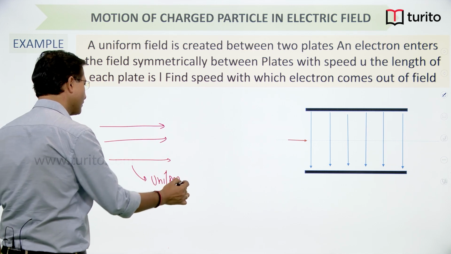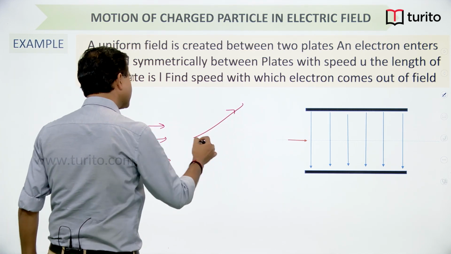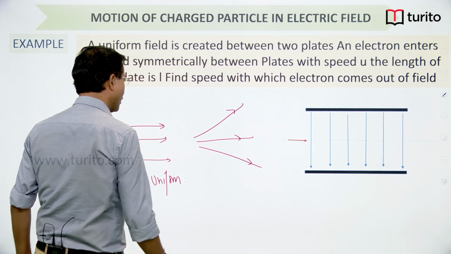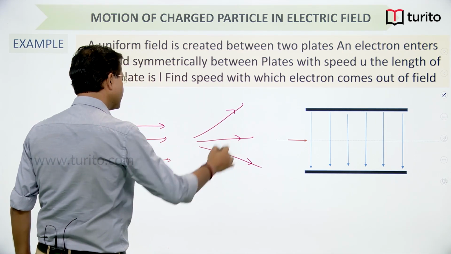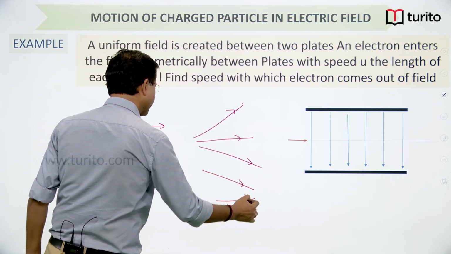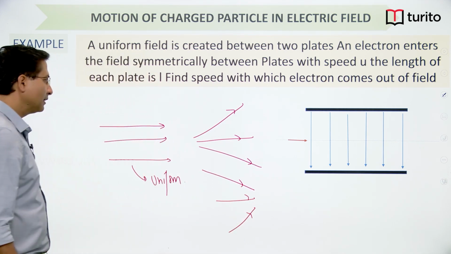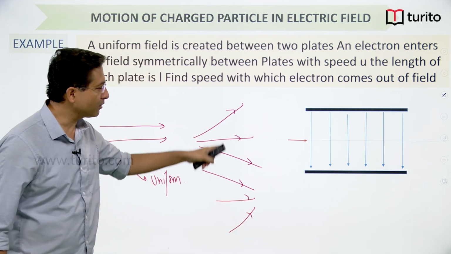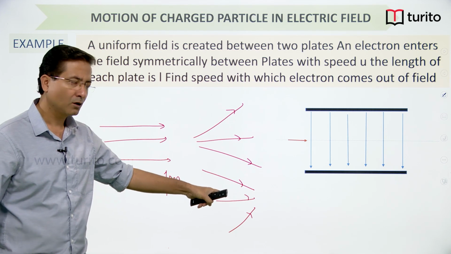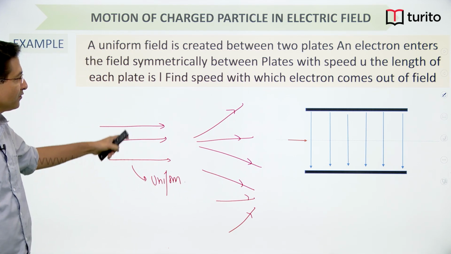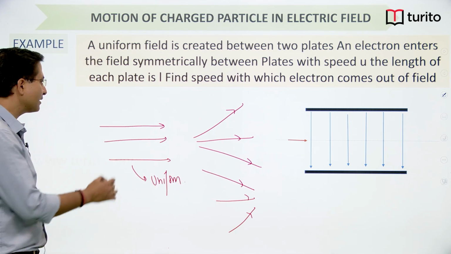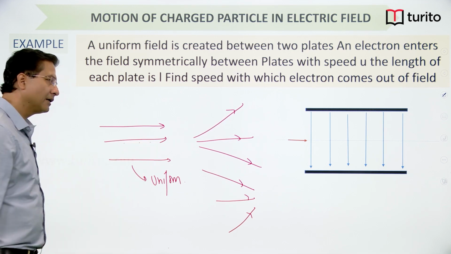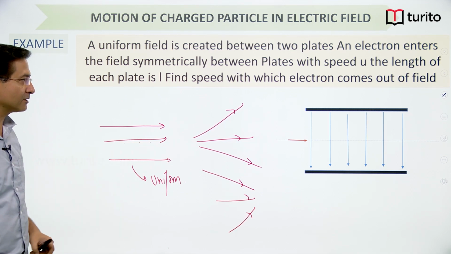If the gap between lines is either increasing or decreasing, we have this situation or this situation. These are examples of non-uniform field. So, if the gap between lines remains the same, the field is said to be uniform. At each and every point in space, the field will have the same magnitude.